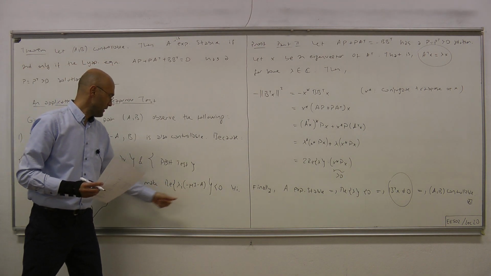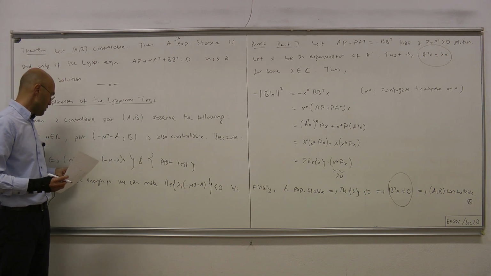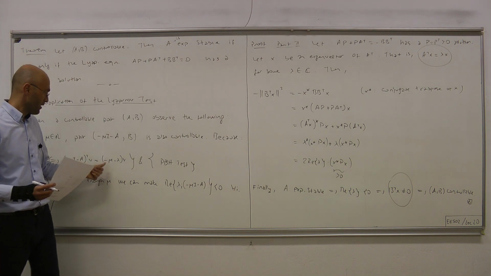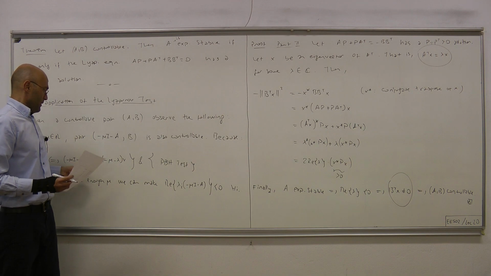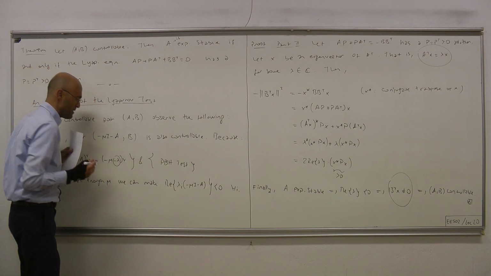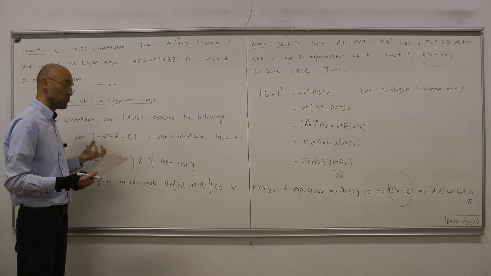This is clear from the fact that the eigenvalues of the minus mu I minus A matrix are minus mu minus lambda, even though lambda can be something quite large with a positive real part.